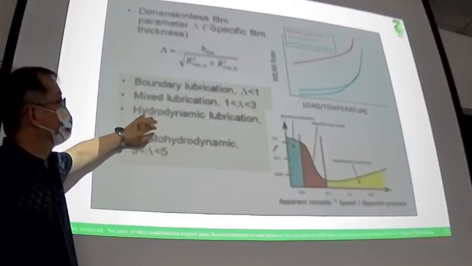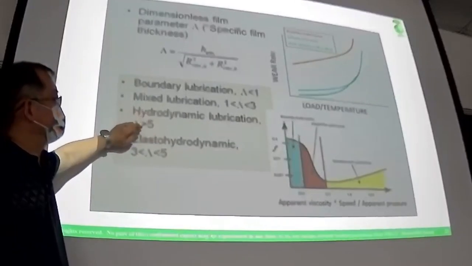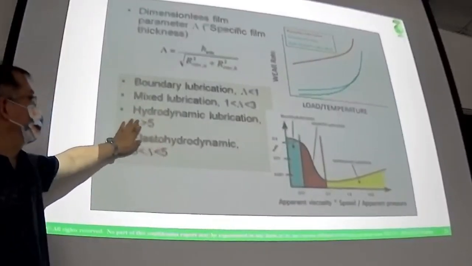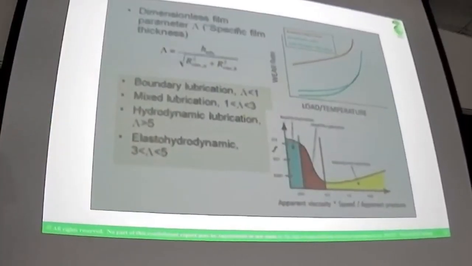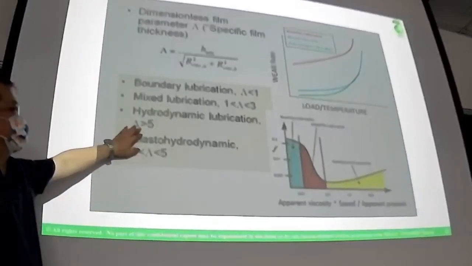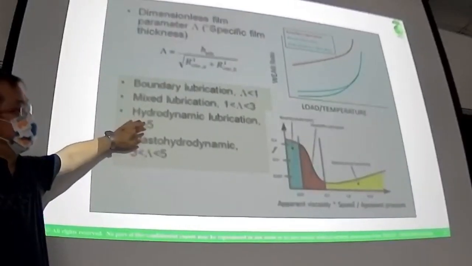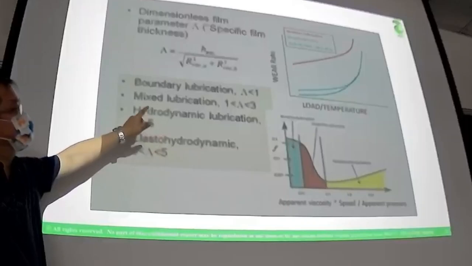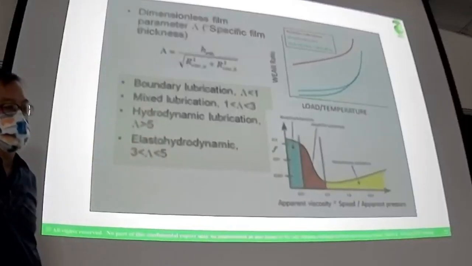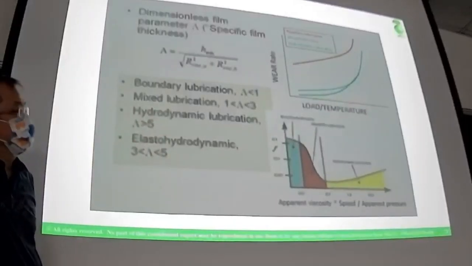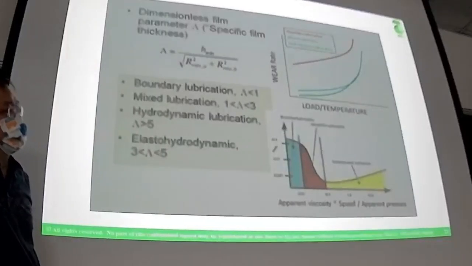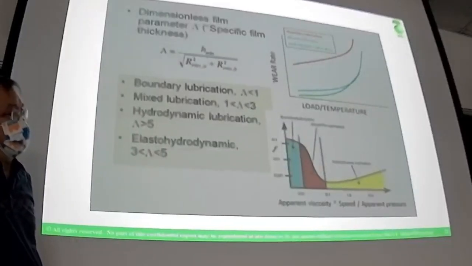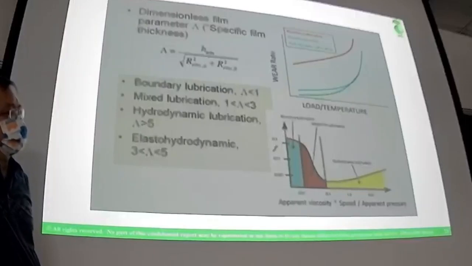If you have hydrodynamic lubrication, with a lambda value greater than a certain number, that means you have a very thick lubricant, so the two contacting surfaces will not have any physical contact. Okay.